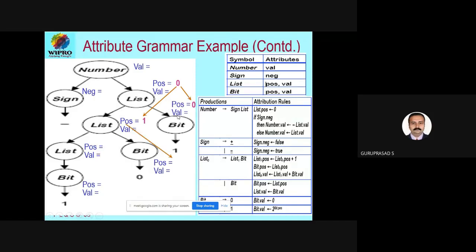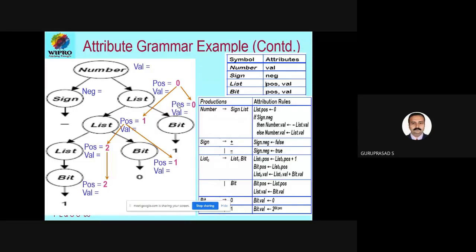But now you see this list dot position is equal to 1 because it is parent plus 1. Again here it is going to be 1 and this is going to be 2 because parent position is 1, so plus 1 becomes 2. Similarly, list is producing only bit, so bit dot position is equal to list dot position. For that reason, this also becomes 2. See, the attribute derivation is happening from parent to child. But in S-attributed, it happened from child towards the parent. Now we got all the positions of all the lists and bits.